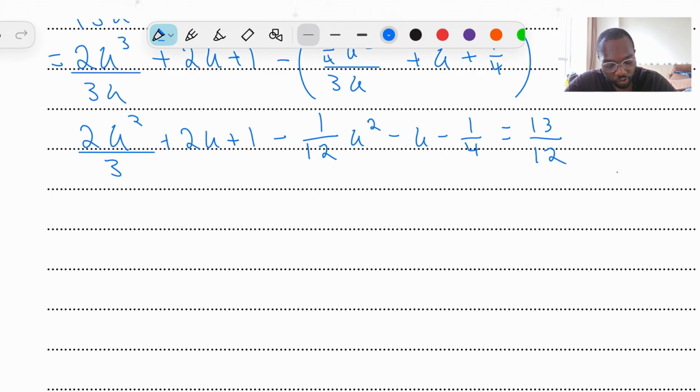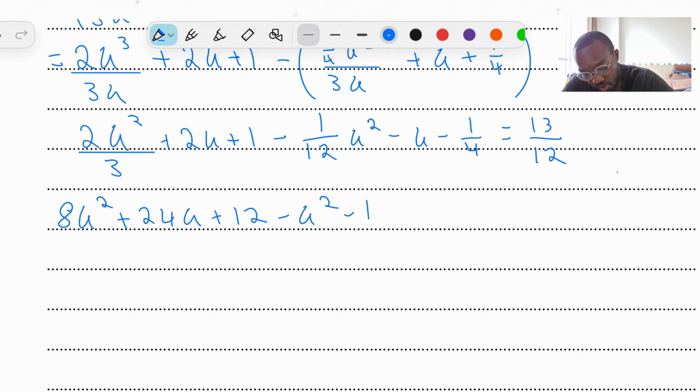If we times everything by 12, what do we get? We would get an 8k squared plus a 24k plus a 12 minus a k squared minus a 12k minus a 3 is equal to 13. Okay, we've multiplied everything by 12.